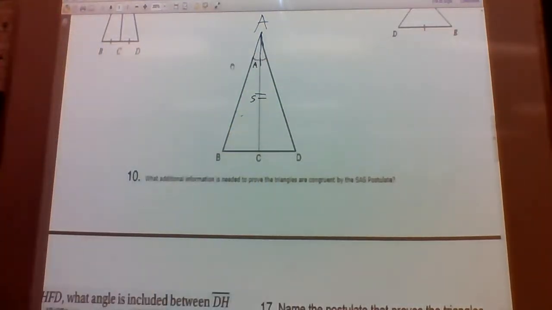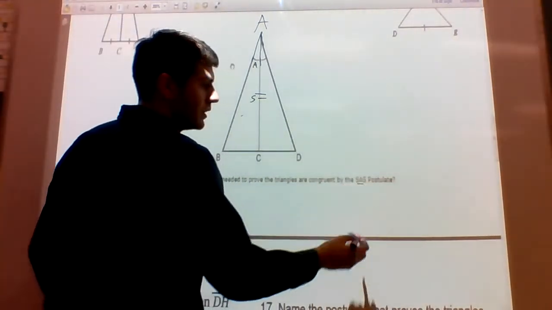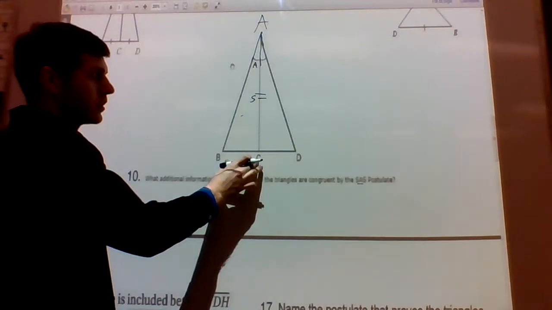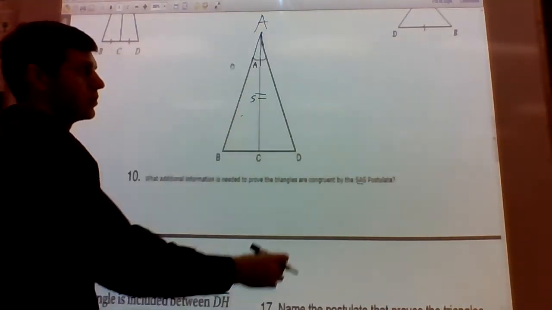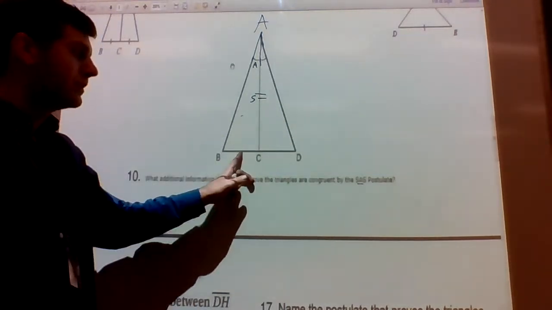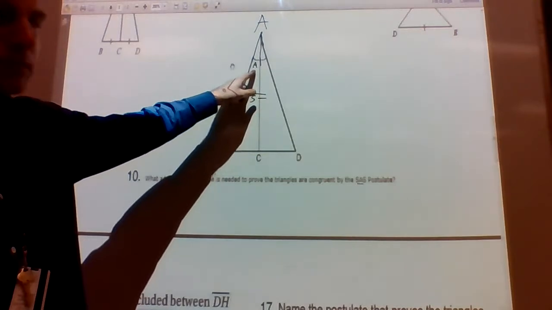The question is asking us what additional information is needed to prove the triangles congruent by side angle side. So we're going to need another side. We have one side, one angle. We need another side. Our options are going to be BC is congruent to CD, or AB is congruent to AD. If we use BC and CD, then we have side, side, angle.